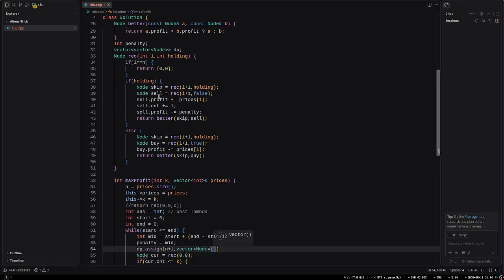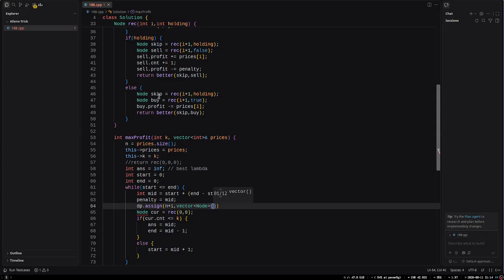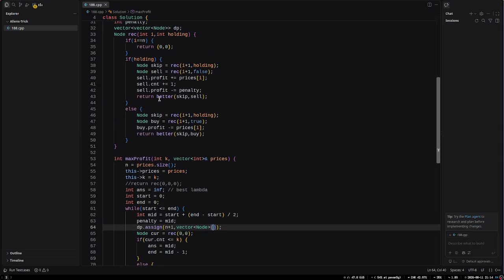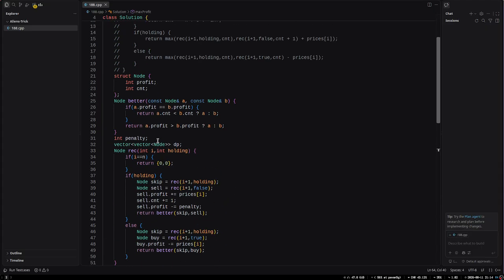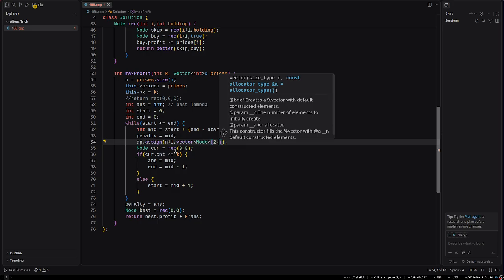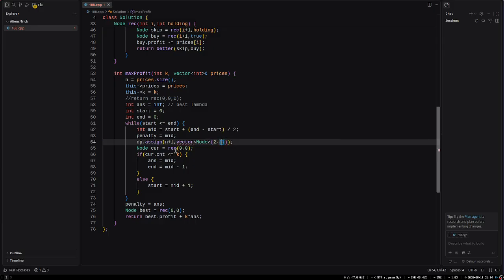Initially, what would be the value of this vector of node? We have 2 dimensions, since holding is either true or false. Let's say I assign this with infinity comma 0.